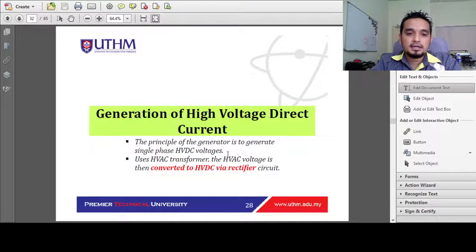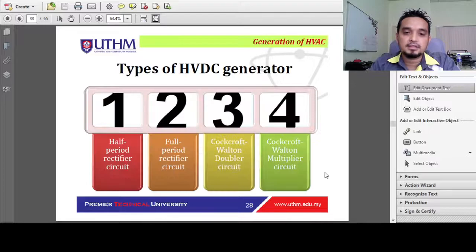In this topic, we're going to see the principle of how to generate HVDC, and how to use the HVAC transformer to convert the HVAC into the HVDC via the rectifier circuit. Rectifier circuit consists of diode and capacitor.